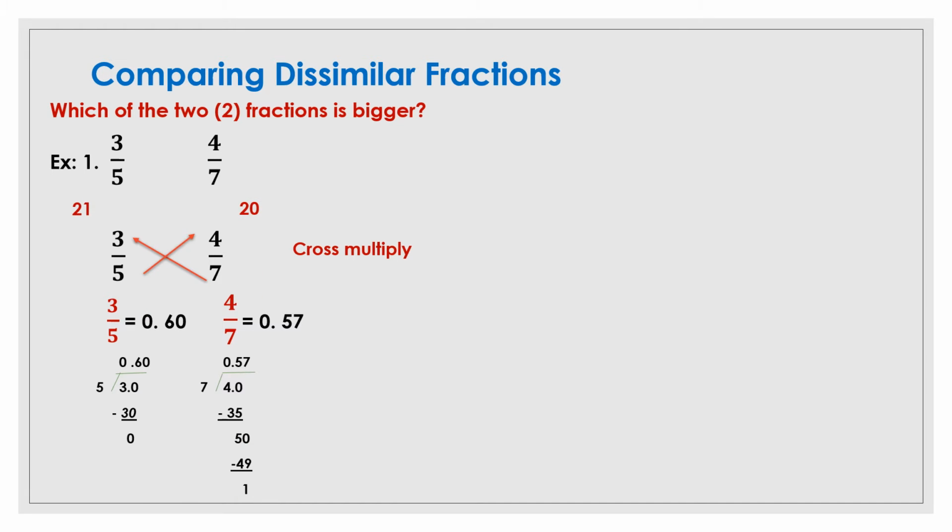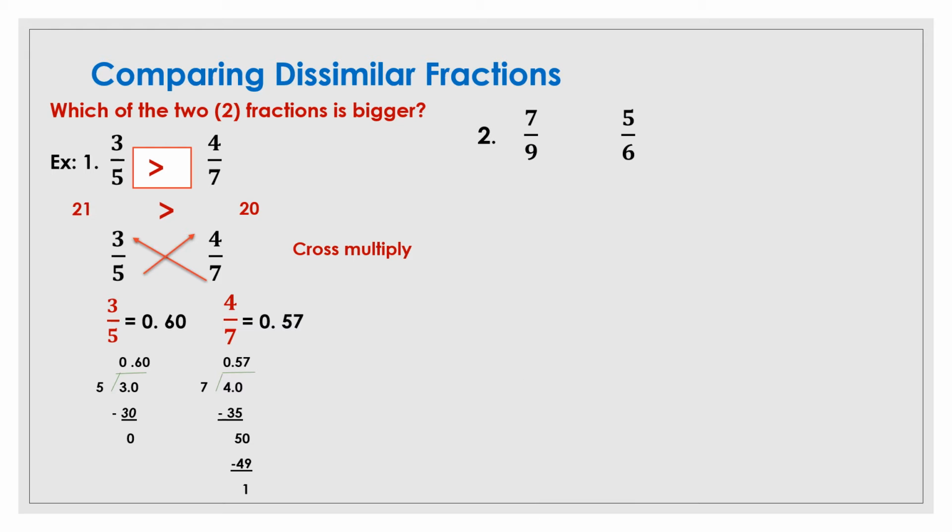So, dito nakita rin natin na itong 21 ay mas malaki kaysa 20. So, we have this symbol, greater than, na naka-open doon sa malaking number. Then, we can say that 3/5 is greater than 4 over 7.